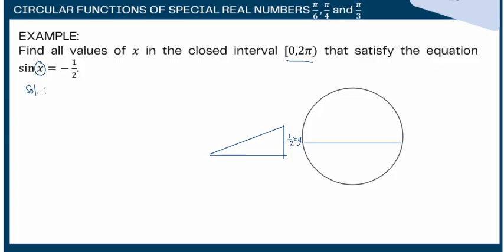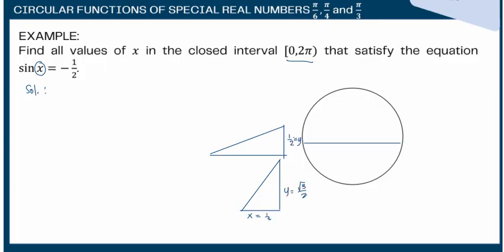So, therefore, we make use of that one, because our y there is equal to 1/2. Because for 60, the triangle is like this, so your x there is going to be 1/2, and your y is square root of 3 over 2.